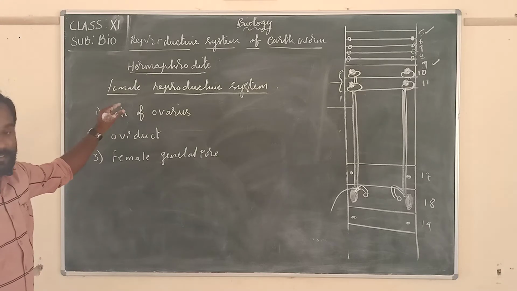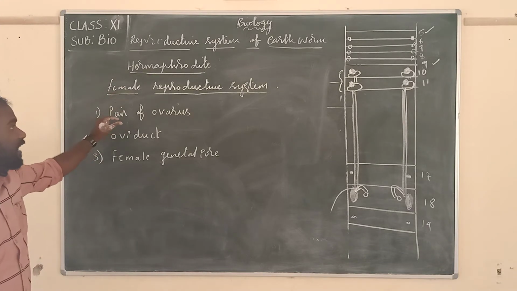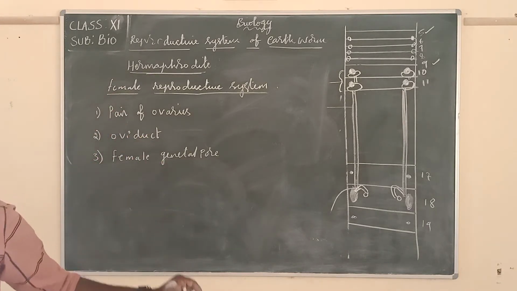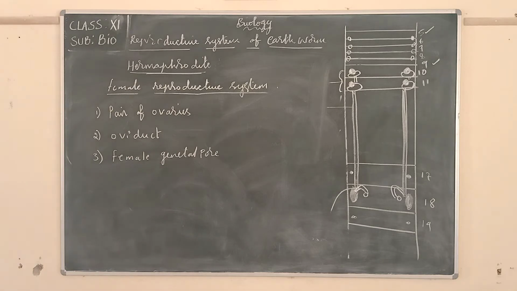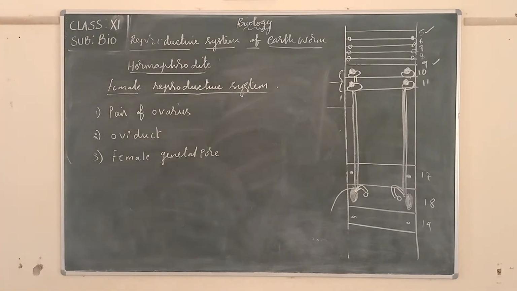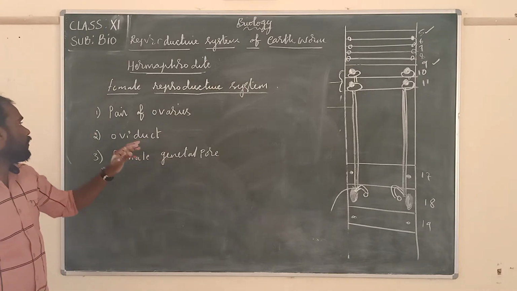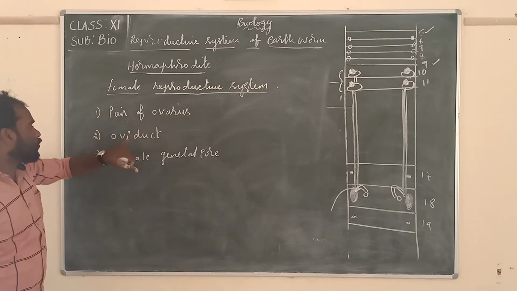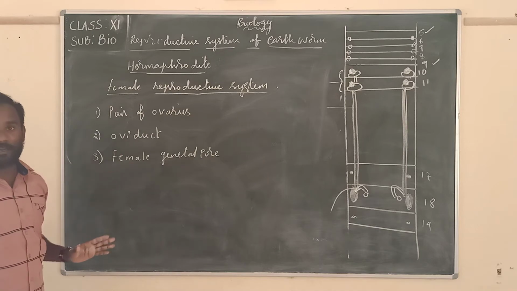So these are the three parts present in the female reproductive system of the earthworm.